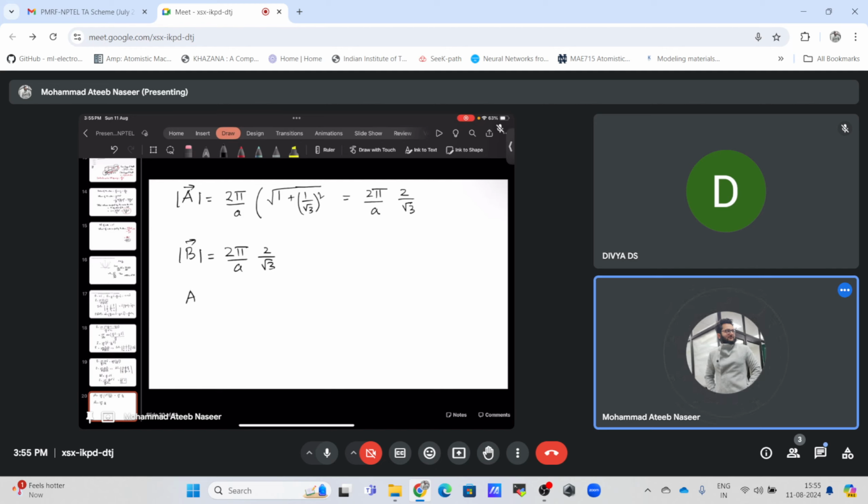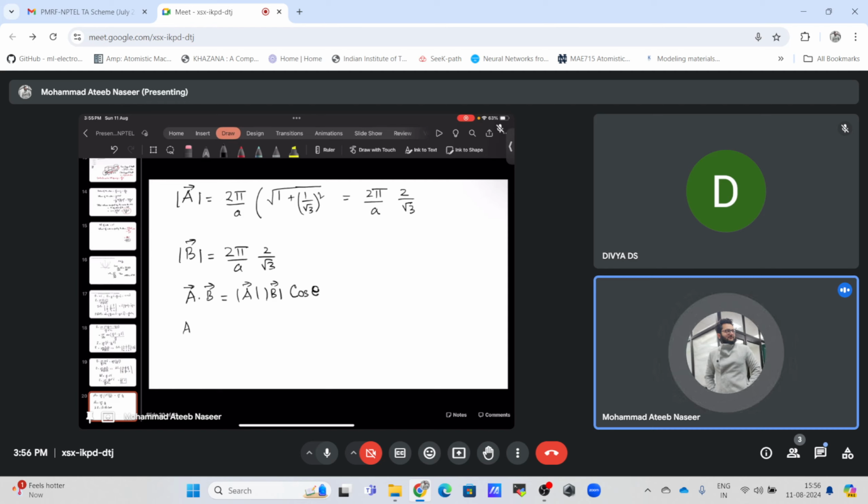Now we can use these magnitude values and say the dot product between a and b is simply the multiplication of the magnitudes of a and b times the cosine of the angle between them. So a dot b is a into b cos of theta.